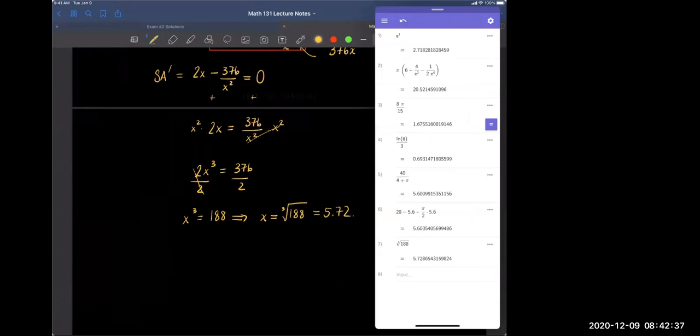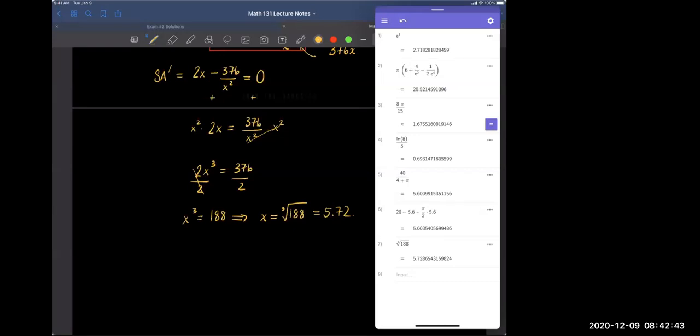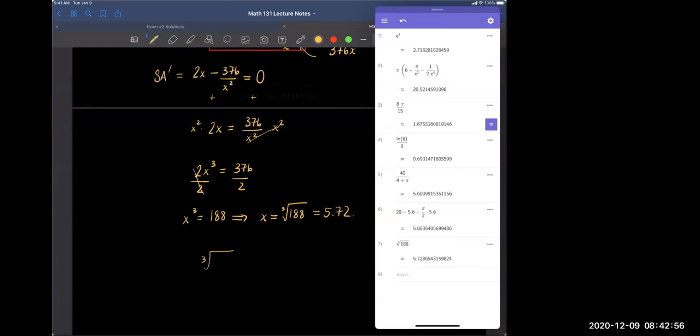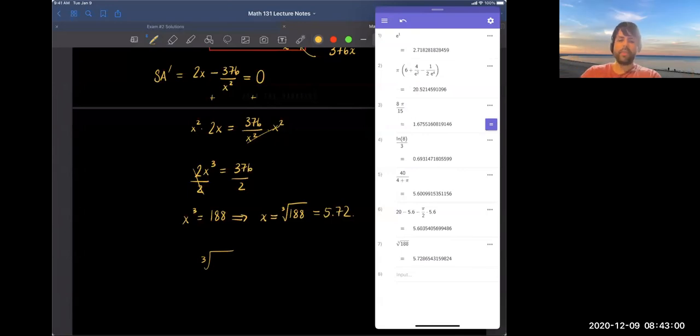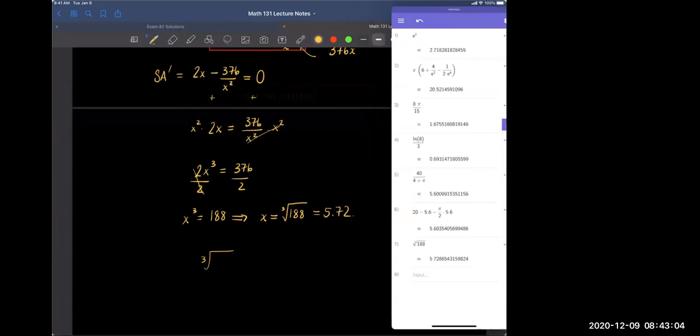I think on the TI-84, you can go to math, and one of the first few options has a 3 and a square root with it. Do you guys see it? Yes. So once you get that, you can just plug in. Great. Thank you.